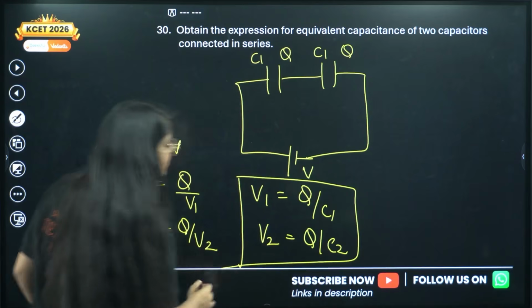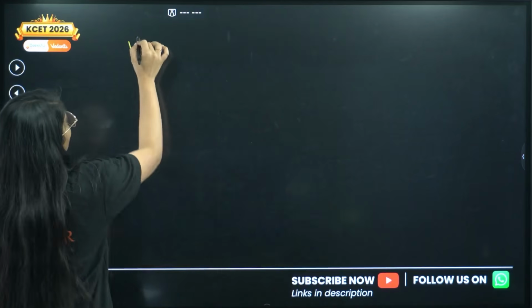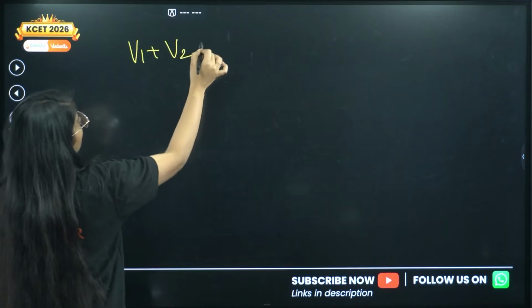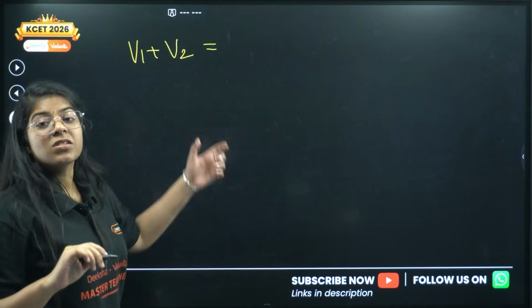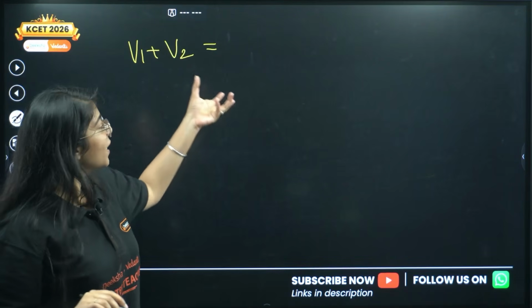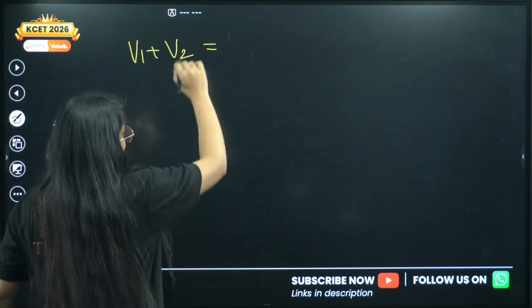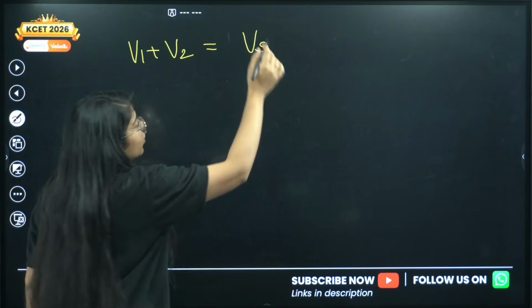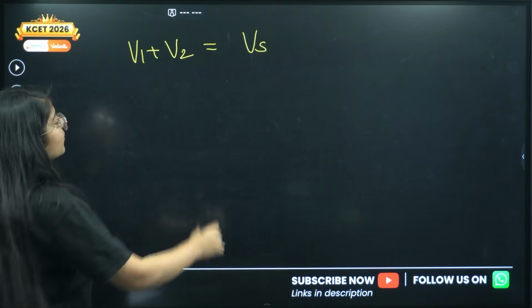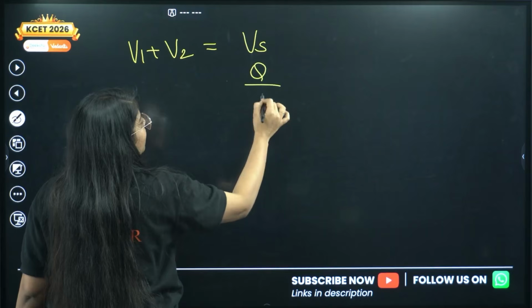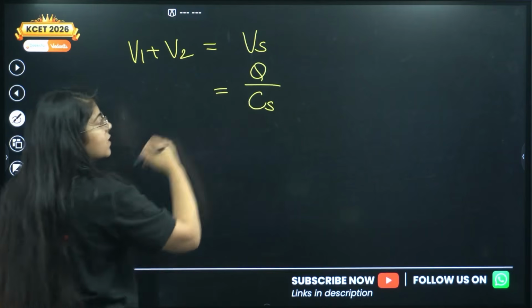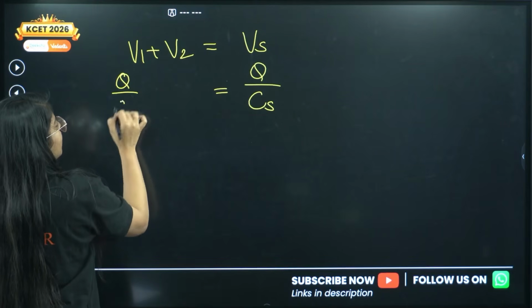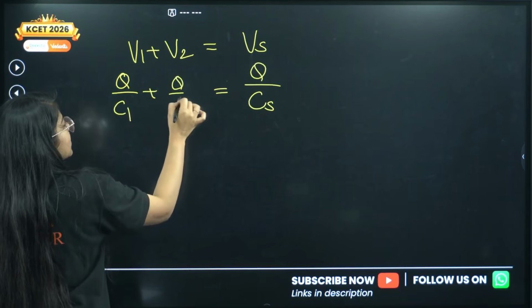Correct? For series, we can just add V1 plus V2. The total voltage, that is the equivalent voltage, will be given by the addition of these. That is the total voltage in series, correct? So that will be charge divided by C equivalent of series, Q divided by CS, which equals Q divided by C1 plus Q divided by C2.